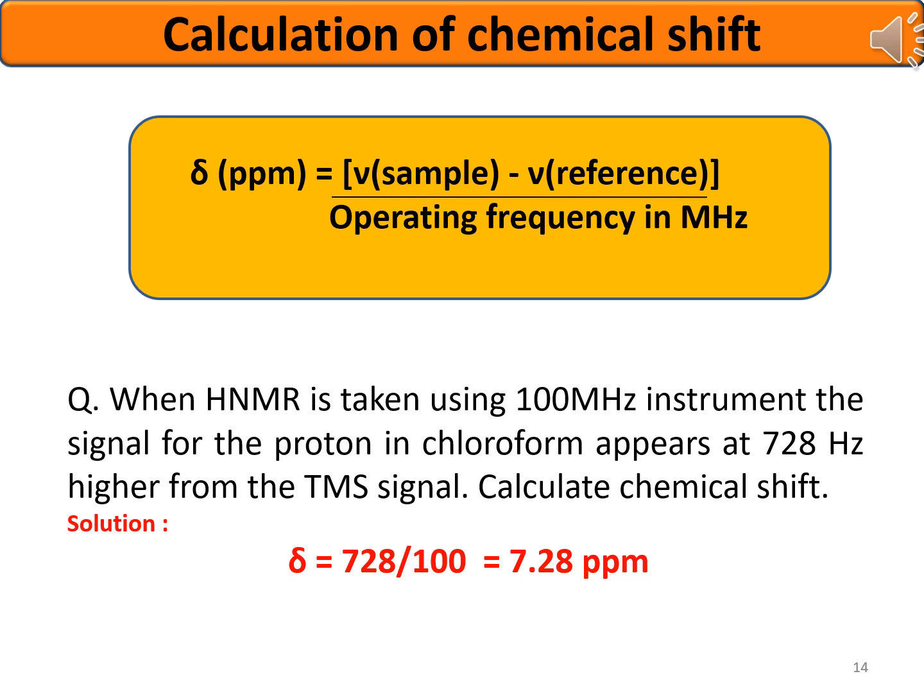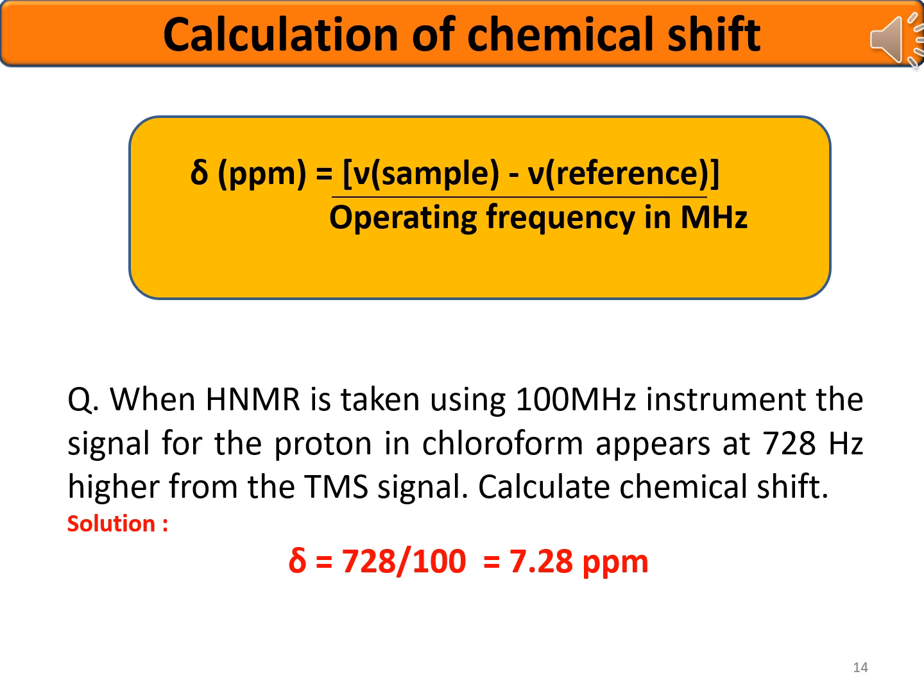The mathematical expression of chemical shift delta is equal to nu sample minus nu reference divided by operating frequency expressed in megahertz. So this is a numerical related to chemical shift. The question is, when HNMR is taken using a 100 megahertz instrument, the signal for the proton in chloroform appears at 728 hertz, higher from the TMS signal.